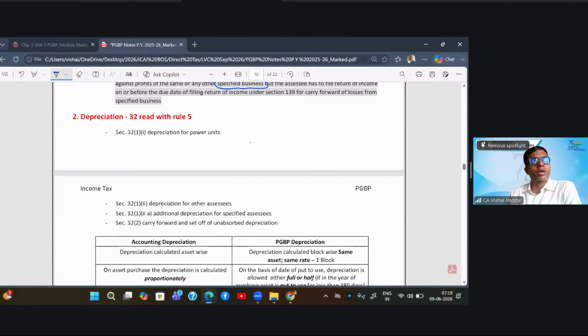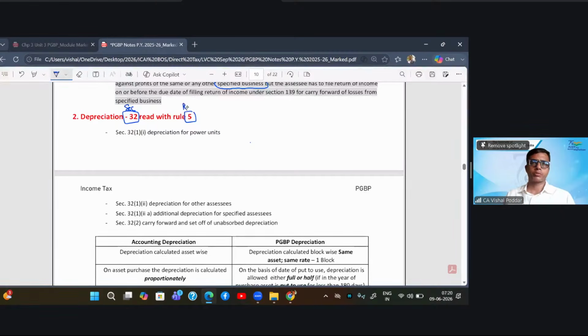In fact, over there you had a separate dedicated chapter where in detail you studied the depreciation calculation, the SLM, WDV, everything in depreciation. Now, under the Income Tax Act, we have a dedicated section 32 and a dedicated rule 5.